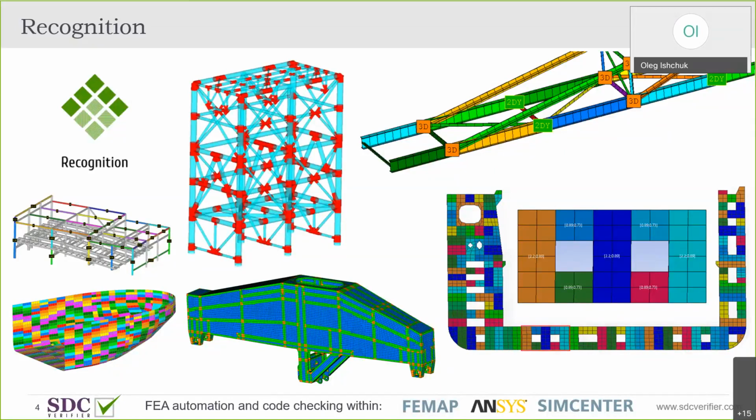Your recognition will be precise and you will have the structural members ready to perform your code checking. Recognition is extremely quick. For a 1 million finite element model, recognition of all welds takes about 30-40 seconds. If your model is smaller, it's almost immediate.